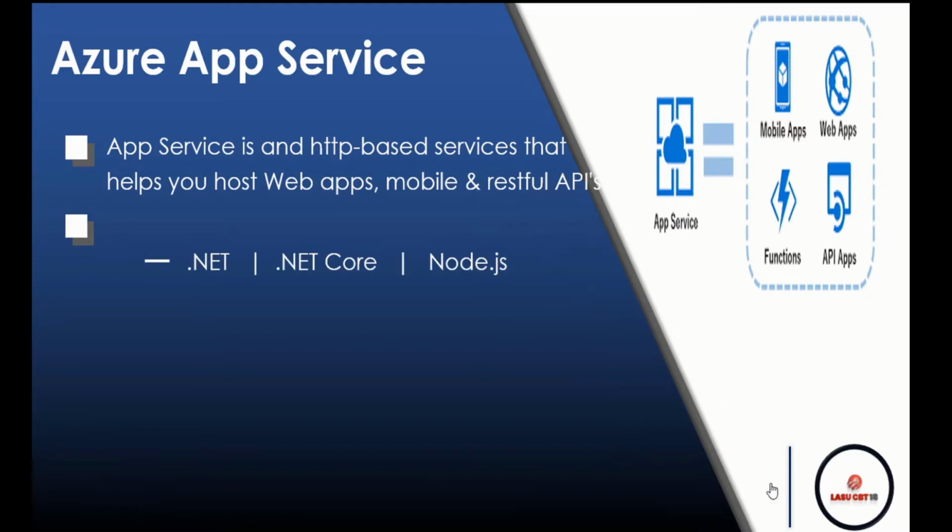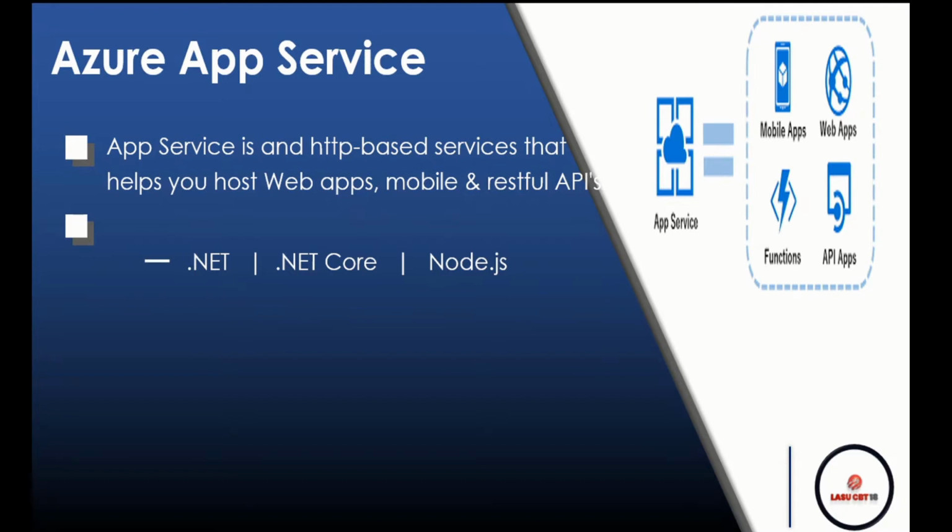What is an Azure App Service? Anytime you're looking to build some front-end app, you need a service that helps you host that app. So App Service is an HTTP-based service that helps you host your web apps. Now, you're not just limited to hosting web apps with your app service.